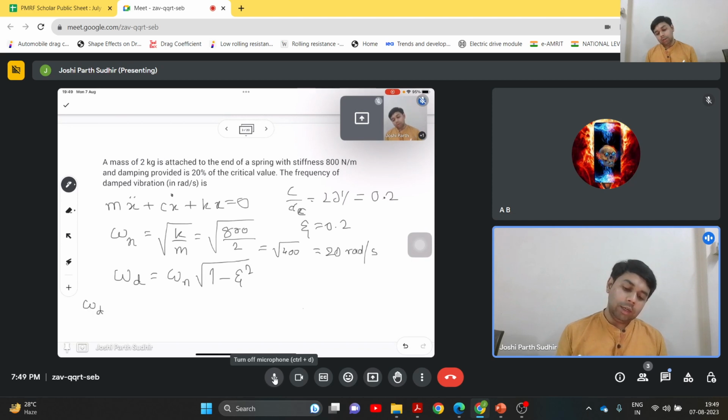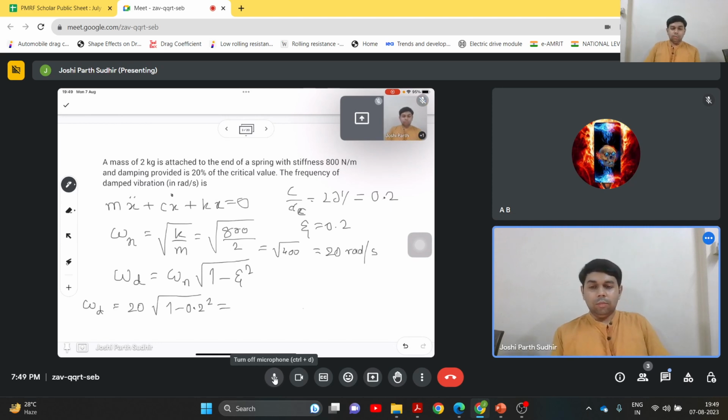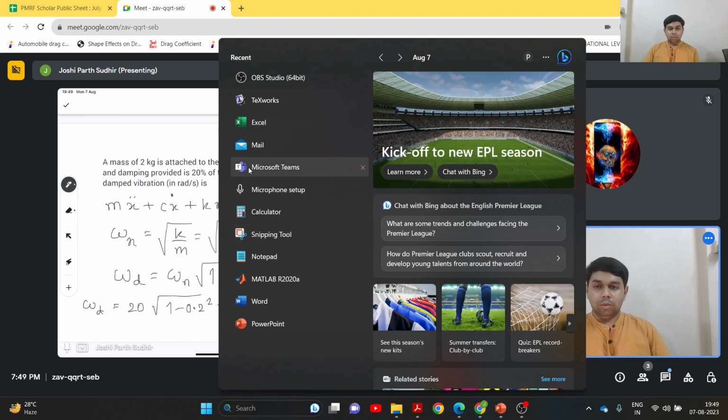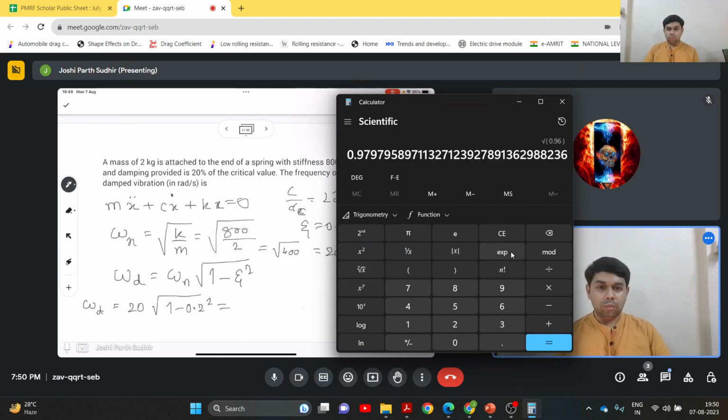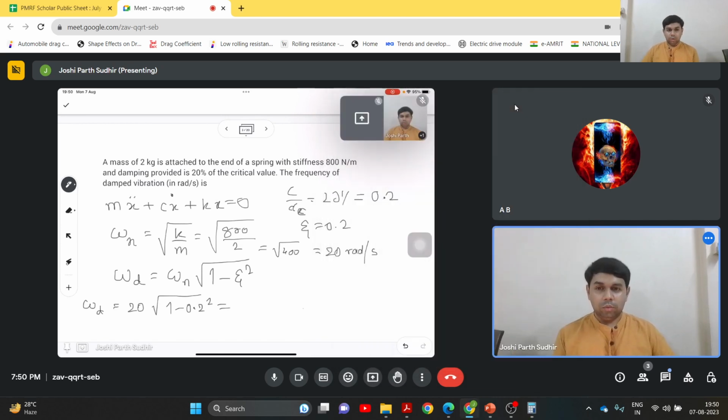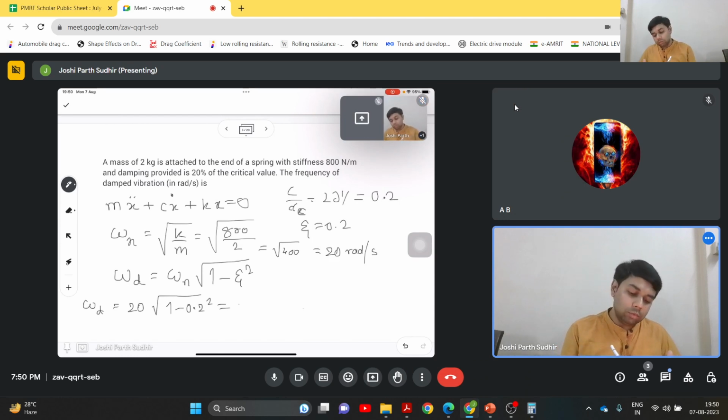And omega d, we can calculate as 20 into root of 1 minus 0.2 square. So it should be something around 19.6, I guess.